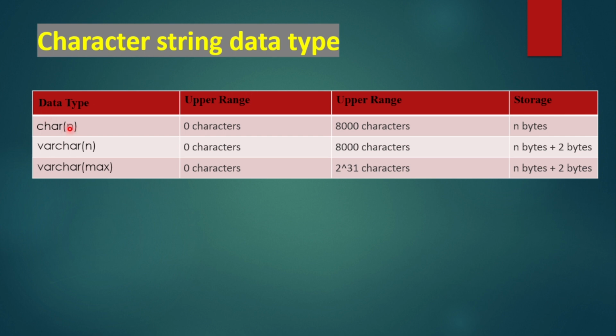The n means we can specify the limit within 8000, such as 2000, 3000 or 4000. The second type is varchar, and this n is the number of characters you are going to save inside it. Varchar is variable character, and char is normal char. We will see the difference later.